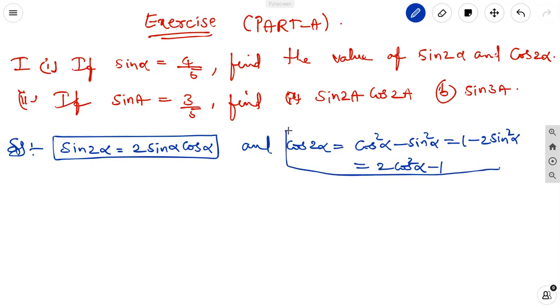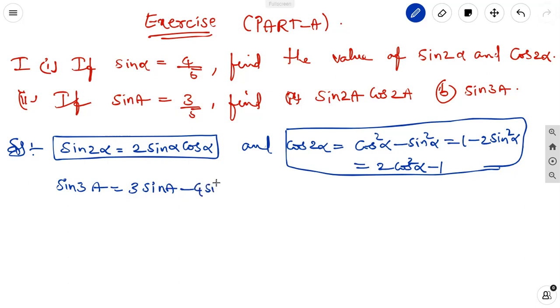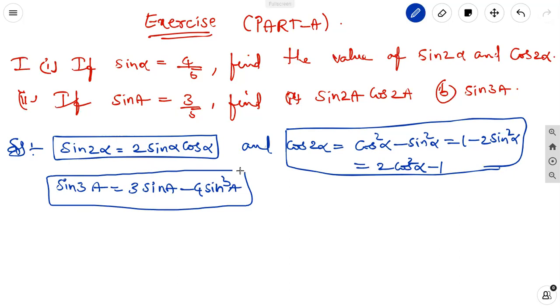This is the cos 2 alpha formula. Next, in the second one, B is sin 3A. Sin 3A is equal to 3 sin A minus 4 sin cube A. These formulas are involved in this problem.